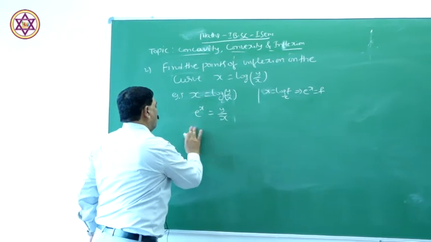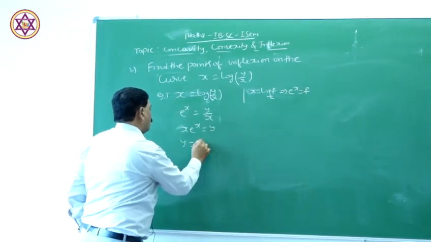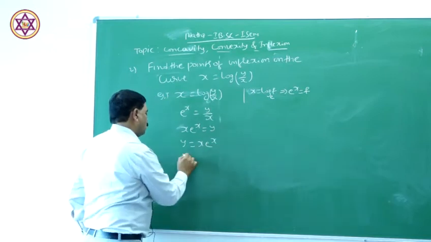Therefore x e power x is equal to y, y is equal to x e power x.